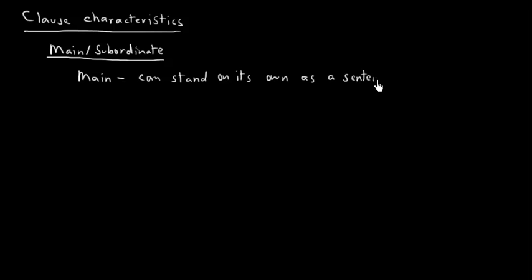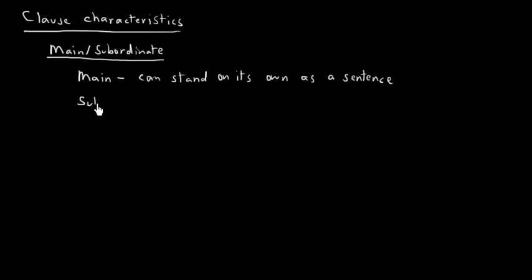A main clause is a complete thought, and therefore you can take any main clause, capitalize the first letter and put a punctuation mark behind the last word, and you have a sentence. Or you can combine multiple main clauses into one sentence. It doesn't have to be only one, but it can. Each of those main clauses you can break out and make its own sentence.